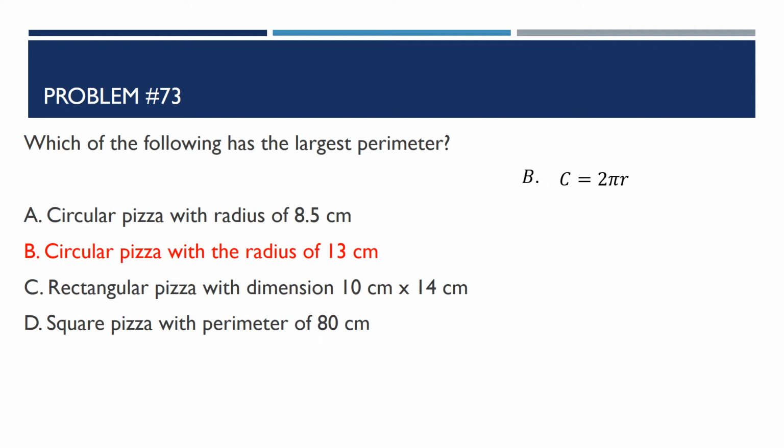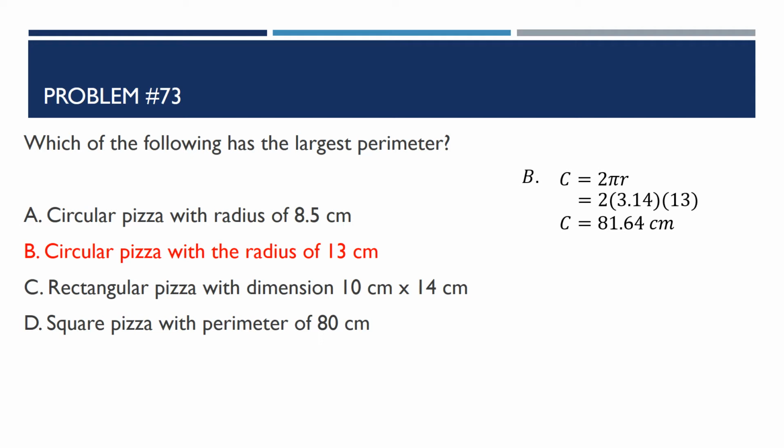It's 2 pi r. So 2 times the approximate value of pi, 3.14, times the radius, 13 centimeters. It will give you 81.64 centimeters. And that's the circumference, the perimeter of the circle in letter B.